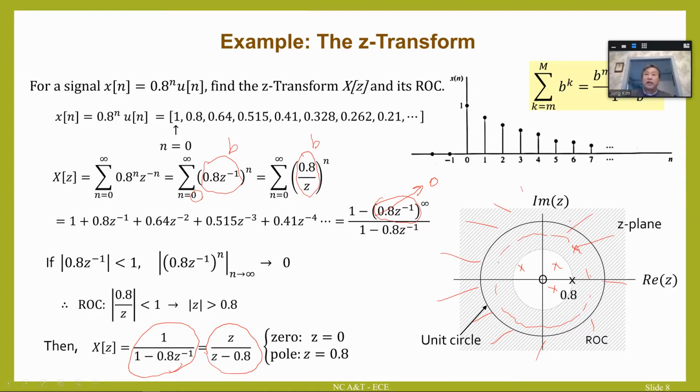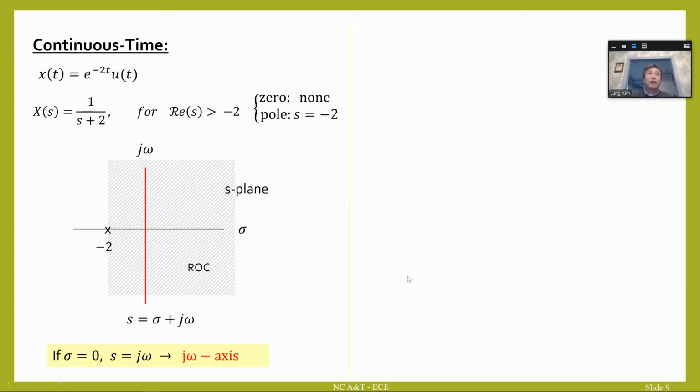So we need some kind of practice here. In the case of the continuous-time Laplace transform, I think you remember this one: 1 over s plus 2, and the region of convergence is greater than the pole here.